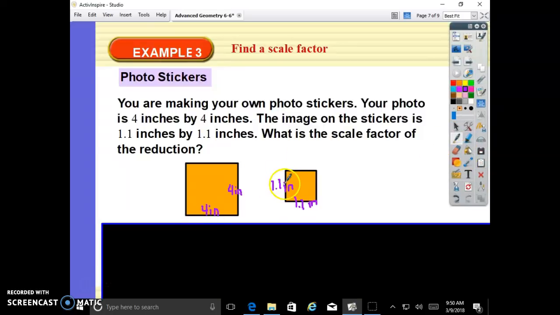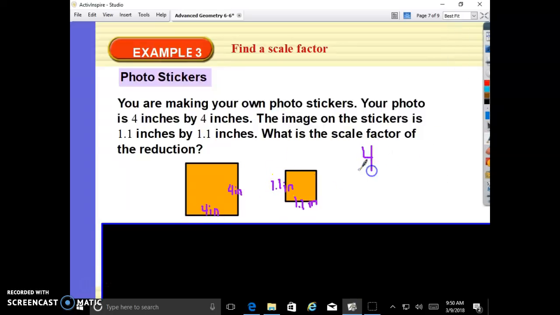So 4 is to 1.1. Would it be 4 is to 1.1 for our scale factor, or 1.1 is to 4? Which one would make my image smaller? A reduction. Which one, guys? 1.1 to 4, because we want it to be a number that is greater than 0, less than 1. Can I have a decimal in my answer?